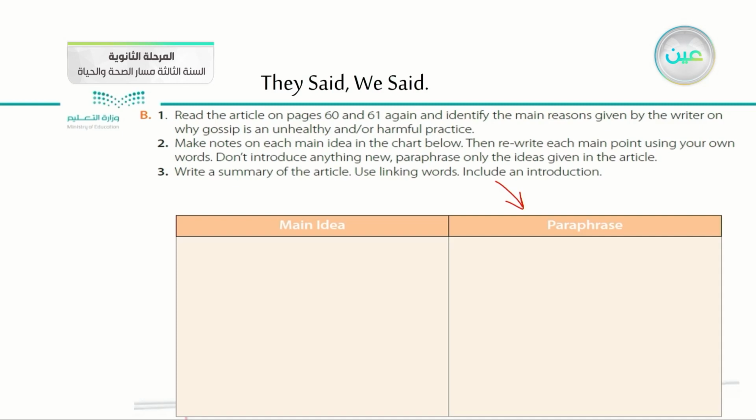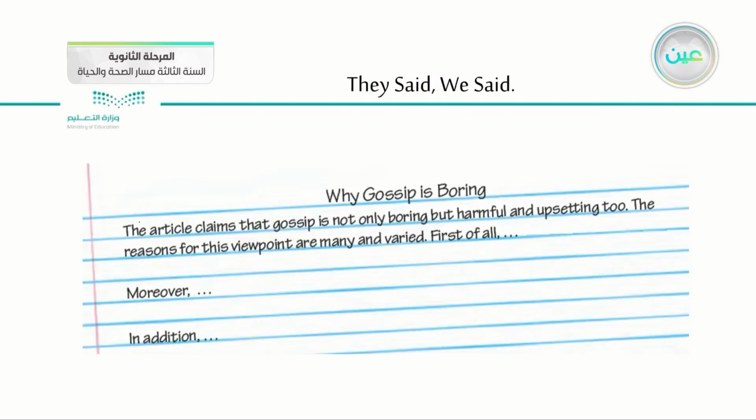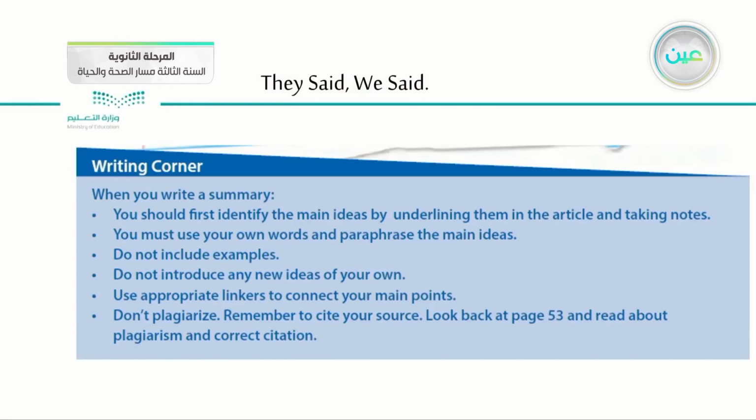We've followed these steps. Then after that, we've had an example on this page, and after that, we read in the writing corner some advice that could help us to write a summary about any essay or a book that we read. And we said the most important points are that you should identify the main ideas and use your own words, and don't include examples, because we are writing a summary.